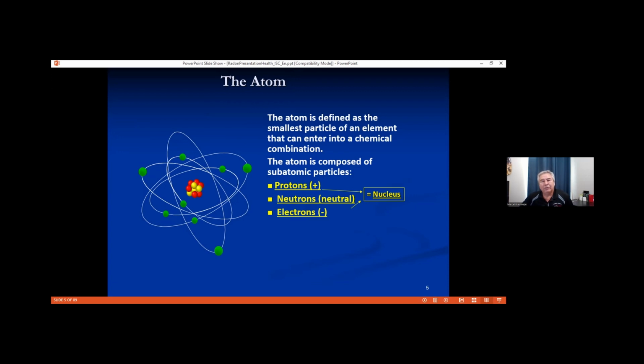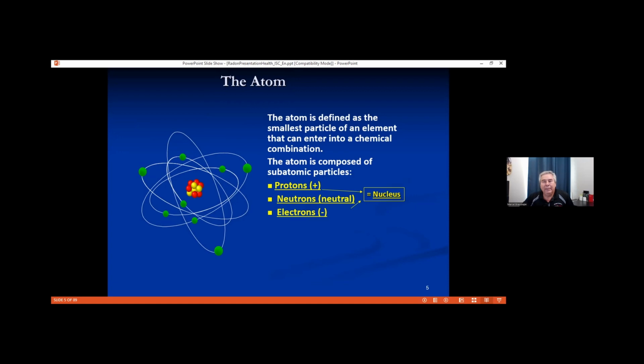We call those electrons, and they form a cloud, constantly revolving around the nucleus. The protons have a positive charge, and the electrons, the little green marbles floating around the outside of the nucleus, have a negative charge.